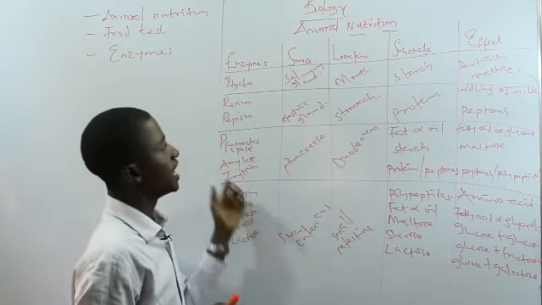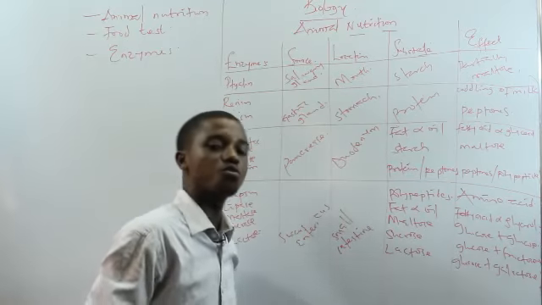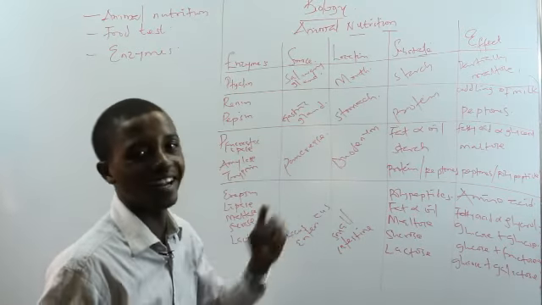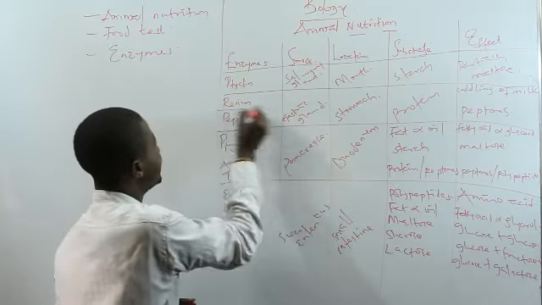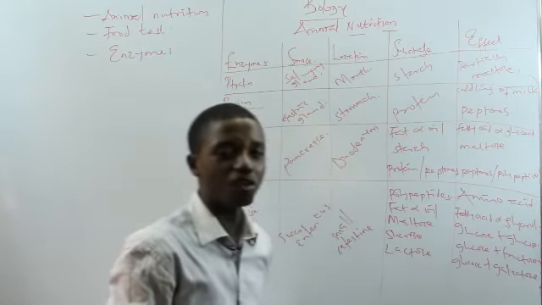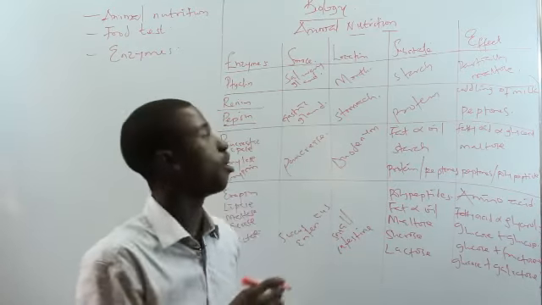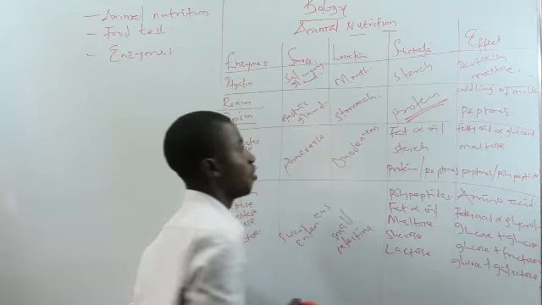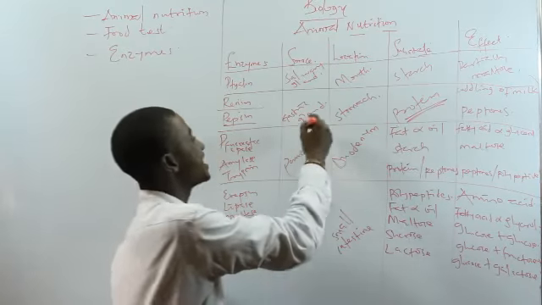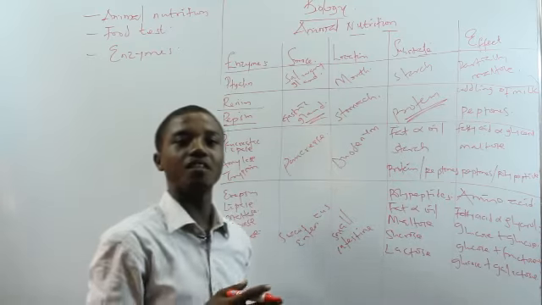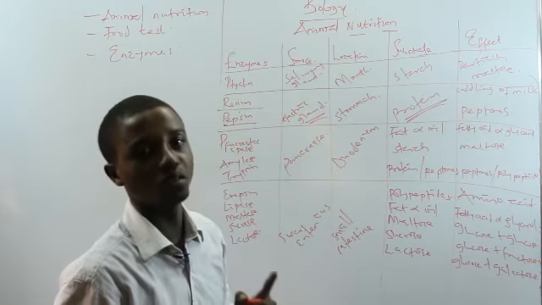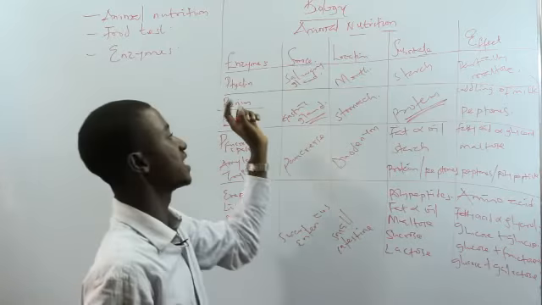And so in the stomach, we have two notable enzymes. They are called renin and pepsin. They are found in the stomach. Both act on protein. Their source is the gastric gland.